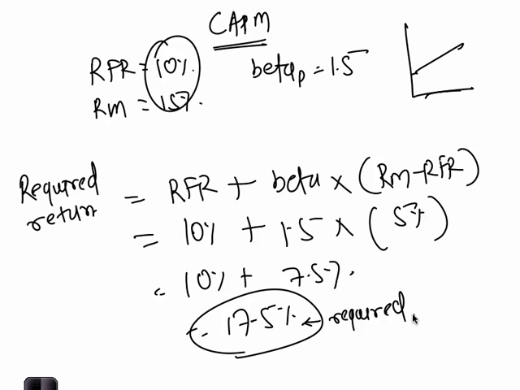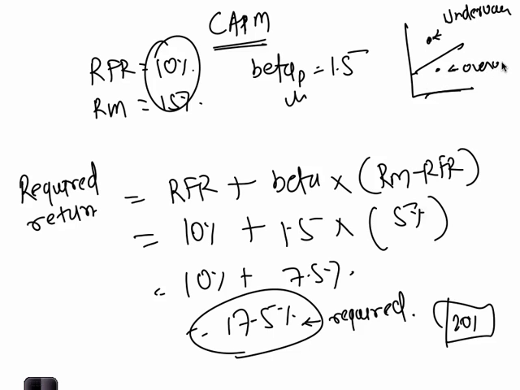But what if you build a financial model on this asset P and your expert fundamental analysis tells you that you can easily earn 20% on the stock today? If you are going to earn more than what is required, your portfolio will lie above the SML. But if you are going to earn less than what is required, then your portfolio is going to lie below the SML. And therefore we said that if the portfolio is above the SML, then it is undervalued because we are earning more than what is required. And if the portfolio is below the SML, then it is overvalued.